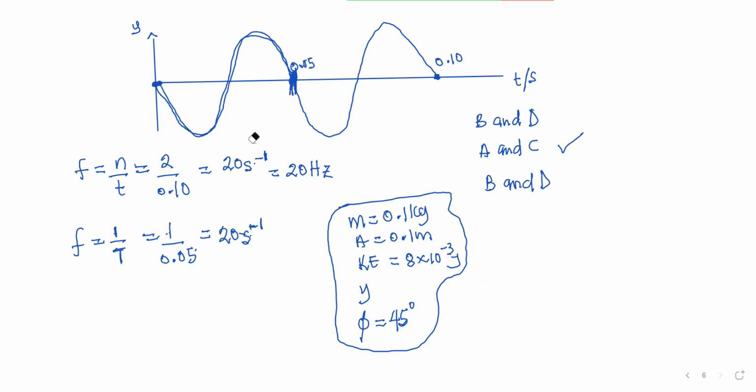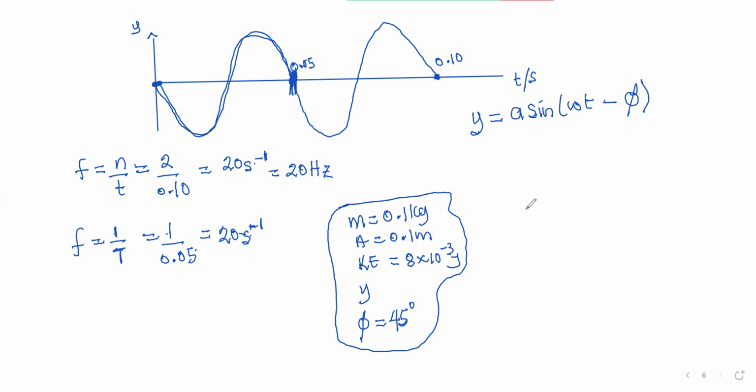We know the displacement equation of a vibrating particle with phase angle is given by y equals a sine of omega t minus the phase angle.